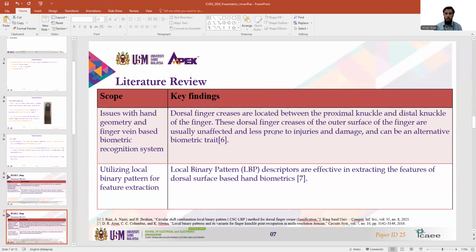And finally, the people will face recognition problems. Considering the local binary pattern applications in biometrics, the local binary pattern variants or descriptors have effectively shown excellent results for the outer surface or the dorsal surface hand-based biometrics.